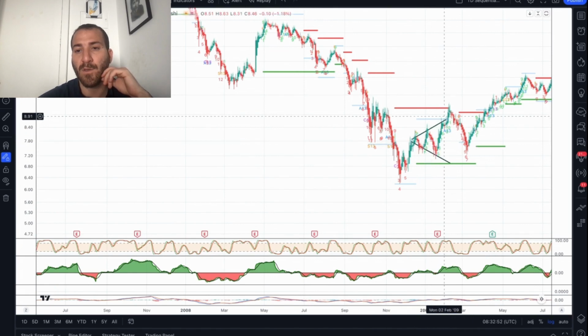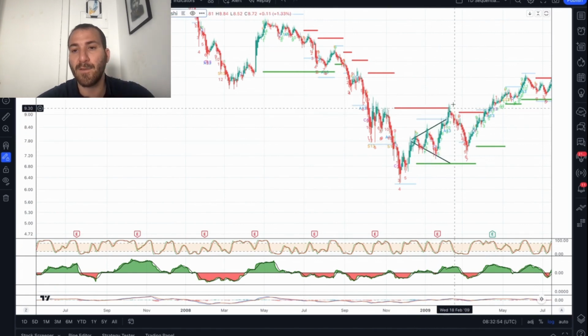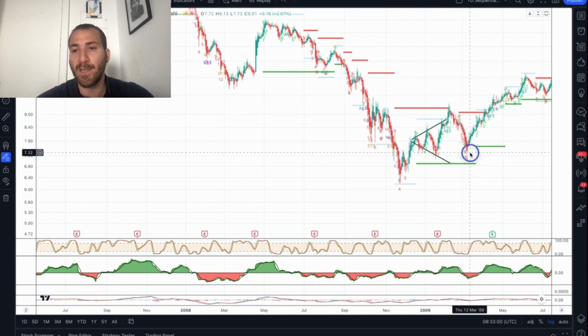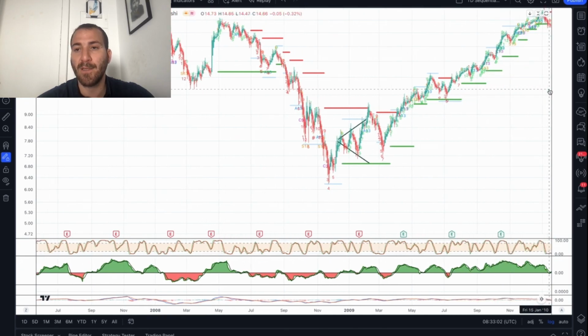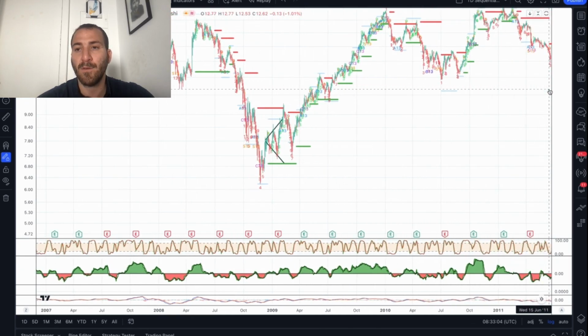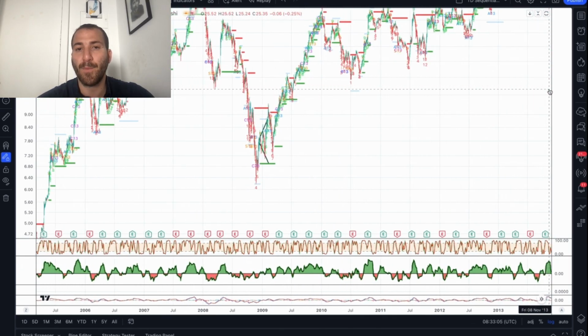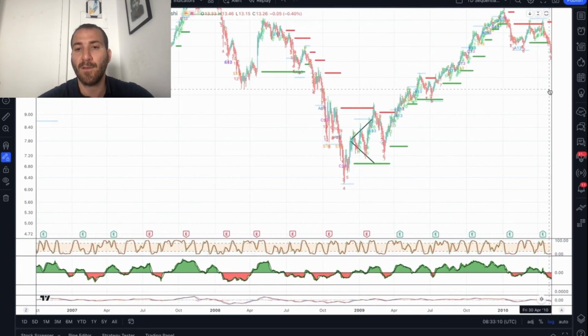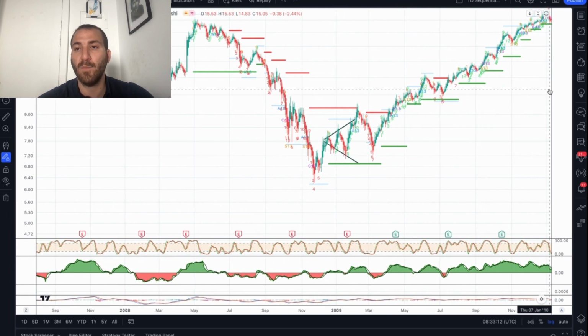Indecision in the market with Google: you break out 10%, you correct roughly 20%, breakout to the upside, and you keep on moving up. This could be the start, confirmation of the start of the bull market.